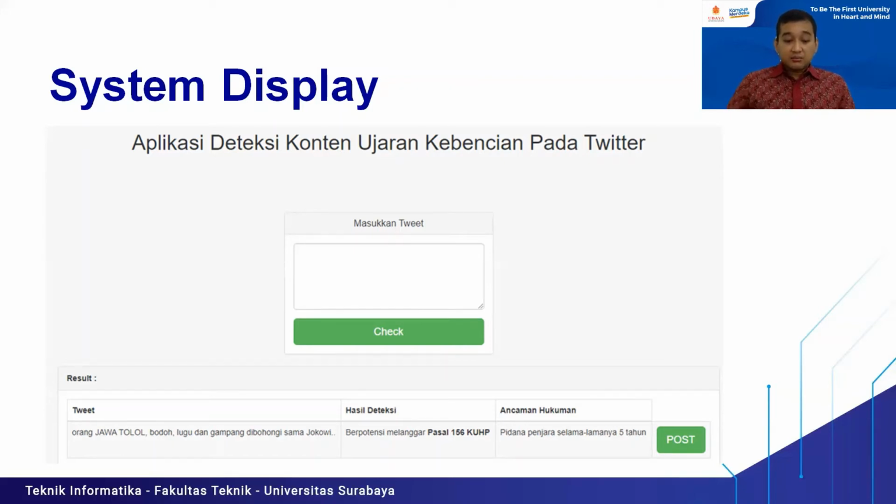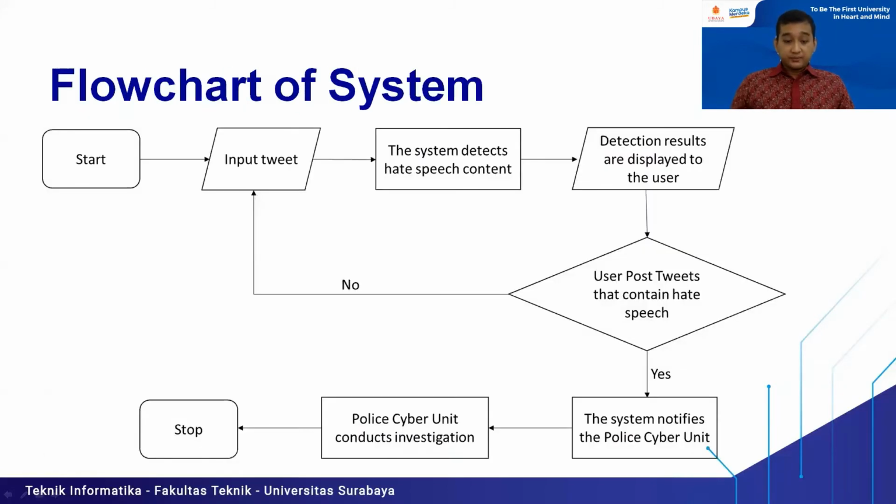The system also provides a post button, which is next to the detection result, where the button serves to post tweets to our Twitter page. This is a flowchart of the system.